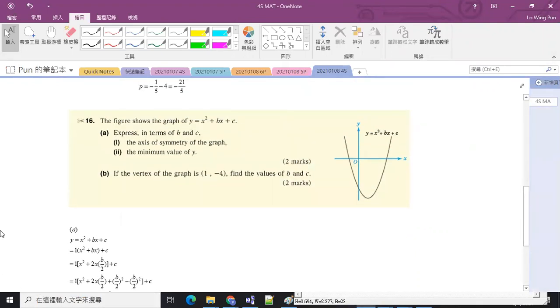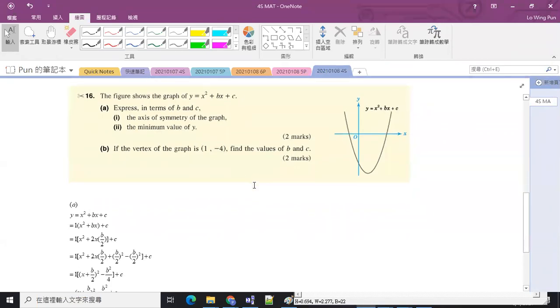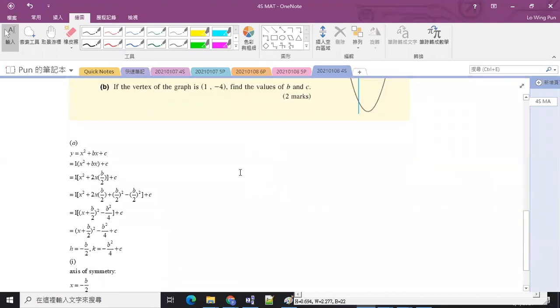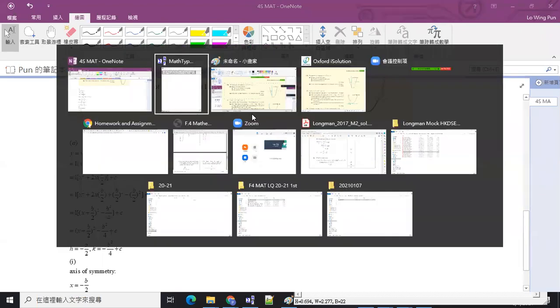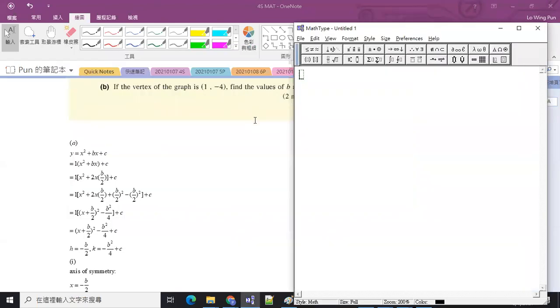And then part B. If the vertex of the graph is 1, -4, find the values of B and C. Okay, so it is given that the coordinates of the vertex are 1 and -4. So, in fact, we have already found the vertex ourselves, right? Our vertex should be the H and K value.